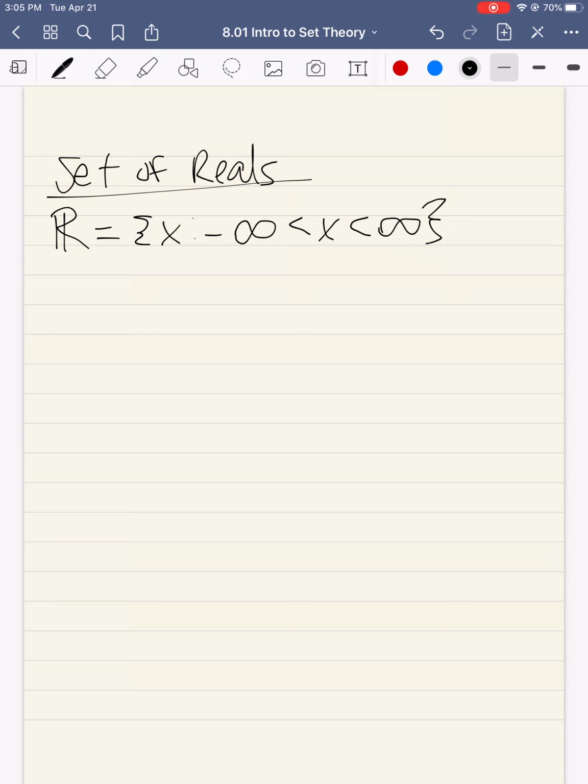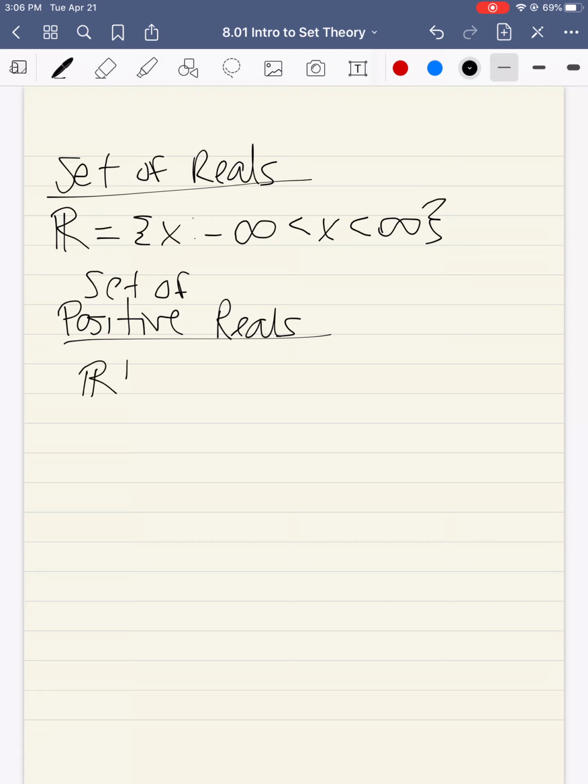So again, to define the subsets of the reals here, we have the positive reals, where we have R plus, and this is defined as x, and I haven't explicitly said this, but this colon here can be read as such that, so x such that x is between 0 and, or excuse me, not equal to, between 0 and infinity.